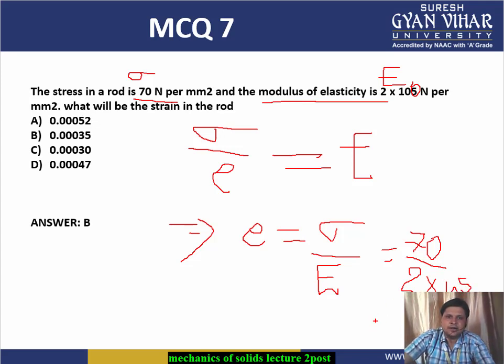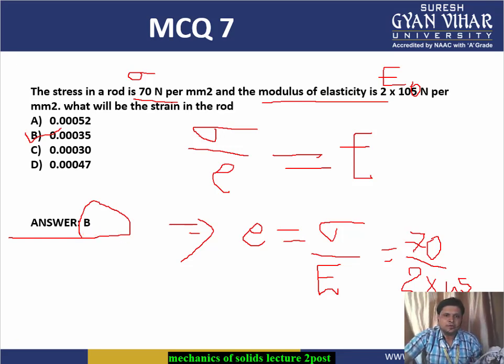So divide and get the answer. If you divide, you will find the answer is 0.00035, and in the options this value is given in option B. So B is the correct answer of this particular question.